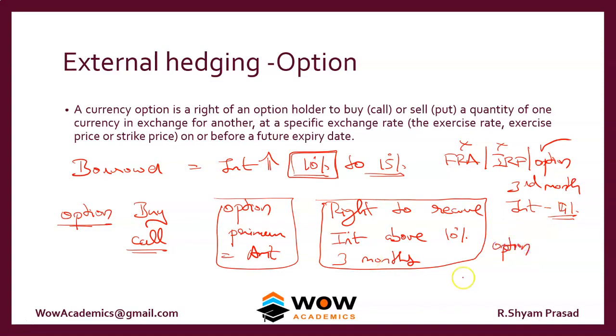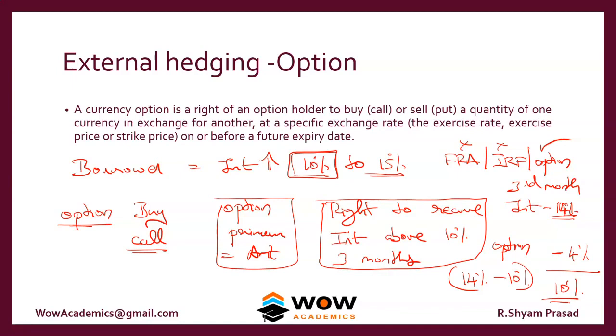From the option you will get anything above 10%. So 14 minus 10, you will get 4% as income or profit from the options contract. If you go and borrow at the market interest rate, you have to pay 14%. So if you deduct both, the effective interest for you is only 10%.